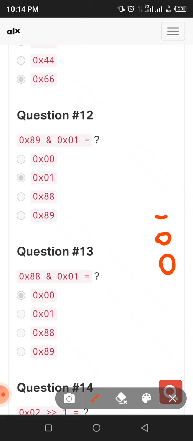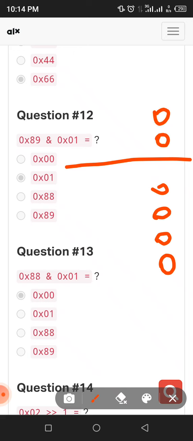Then for 1 is going to be 0, 0, 0, 1, like that. So that's for this particular one here. Now, for this other one here, we have 8, 9. 9 here is going to be 1, 0, 0, 1, and 8 is going to be 1, 0, 0, 0.